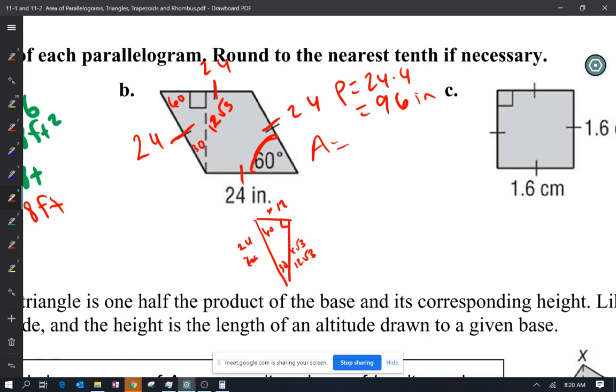All right, so I have enough information now to get the area, because the area is base times height. The base is 24, and the height is 12 root 3. I'm not going to go into why that's 12 root 3. If you're struggling with 30, 60, 90 triangles, go find your notes or the video on the 30, 60, 90 triangles, okay?